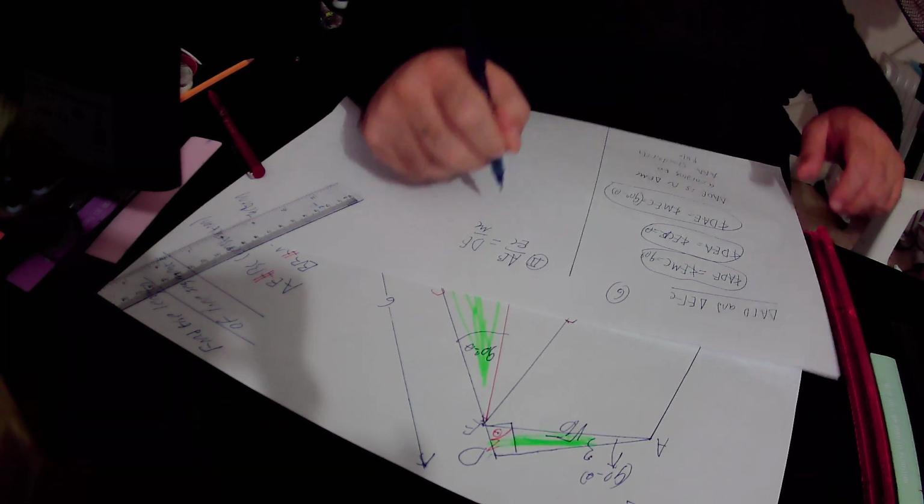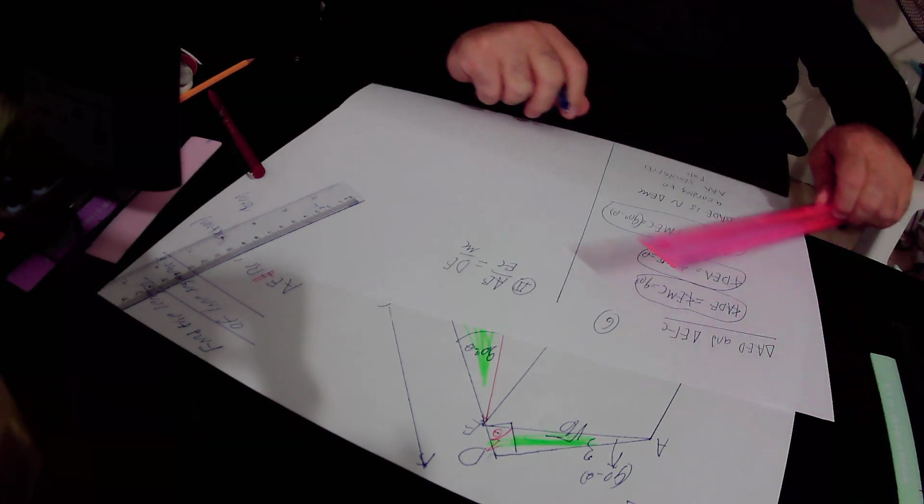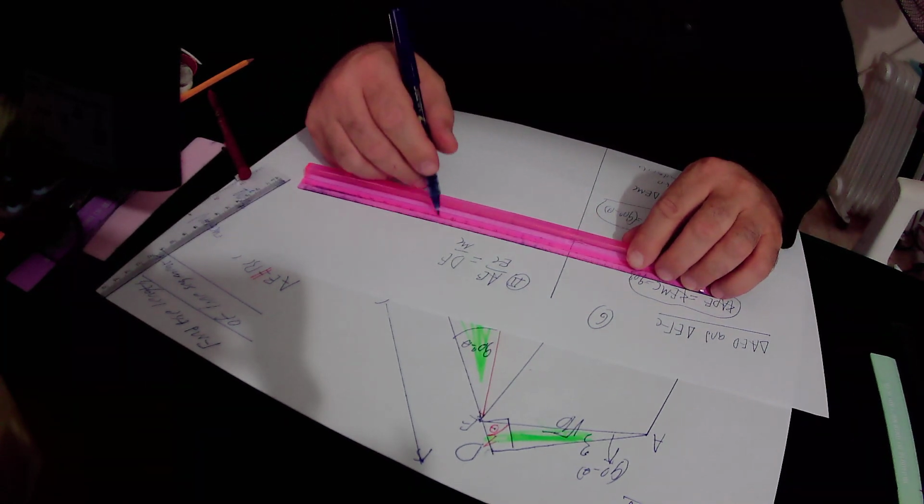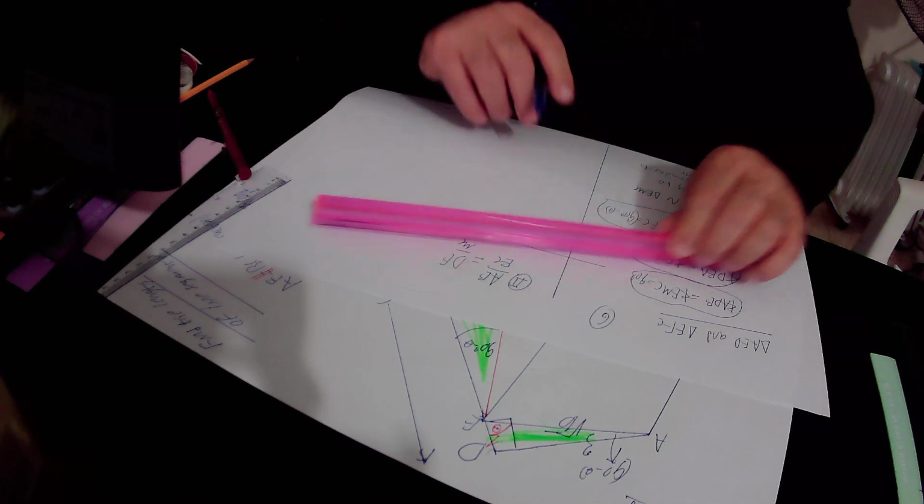I'll repeat again, from the fact that triangle AED is similar to triangle EMC, we will derive that AE over EC equals DE over MC.